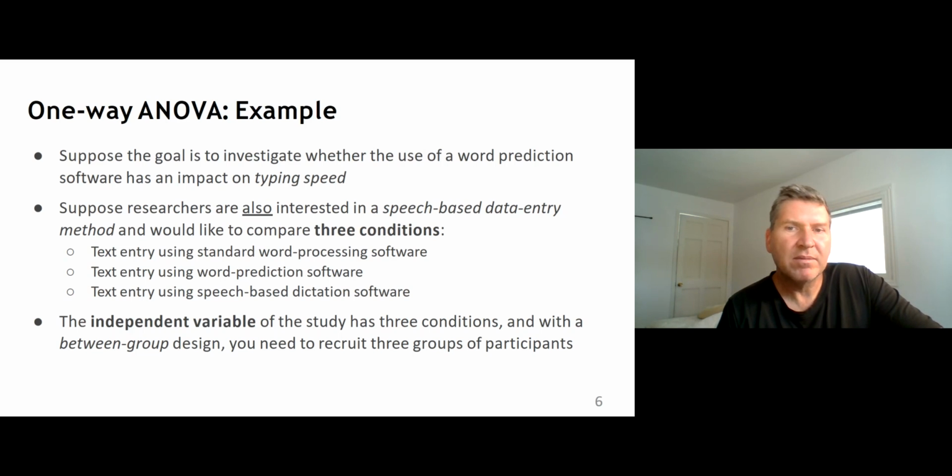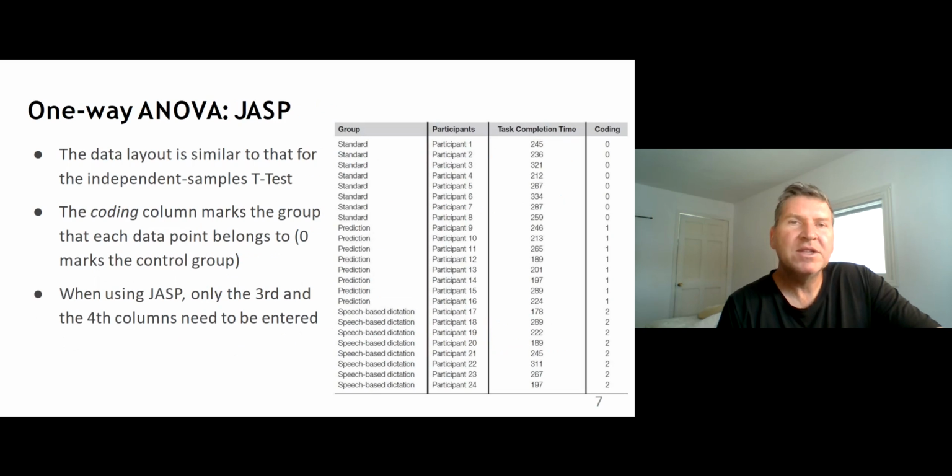So the independent variable of the study has three conditions, right? We have one independent variable, and that's the type of software. And then with the between group design, it's three groups of participants. So if we have 8 people to take each of these, we'd need 24 total participants. And in JASP, the layout would look like this.